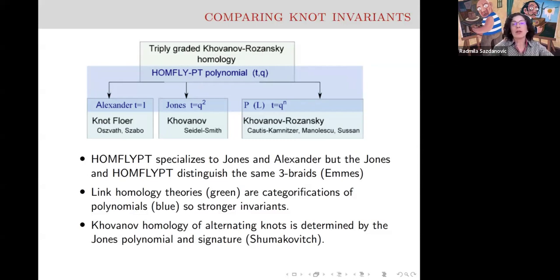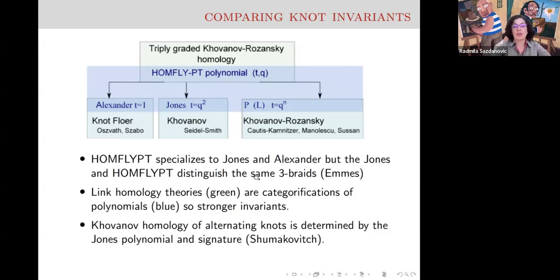So for example, we know that the categorifications, the homology theories, are better invariants. They're strictly stronger at distinguishing knots than the polynomials. And then this HOMFLY-PT polynomial is a two-variable polynomial that specializes, that's what these arrows mean, to these one-variable polynomials. So we know that it should be stronger than all these polynomials, and it is.